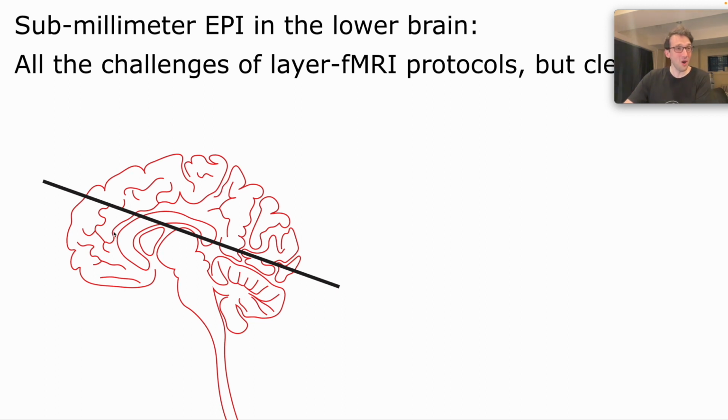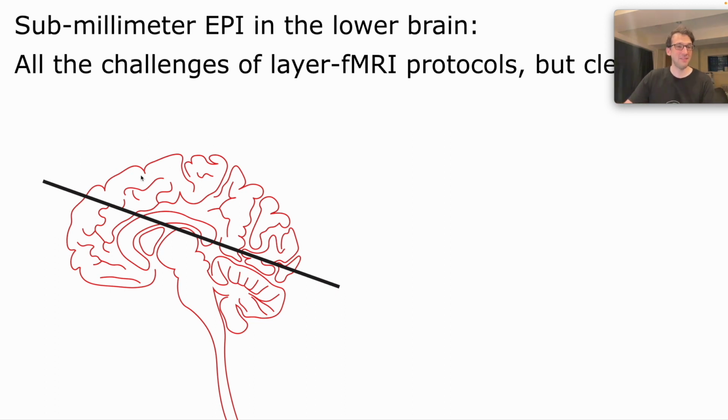But there are a lot of very interesting neuroscience hypotheses that wait to be tested in the deeper brain structures too. The second reason why I want to exemplify the challenges of setting up a layer-dependent fMRI protocol in deep brain structures is simply because it's just more apparent down there. In those deep brain structures, you just see it much more clearly if your approach or your change in your protocol has a big effect on the data quality at the end.